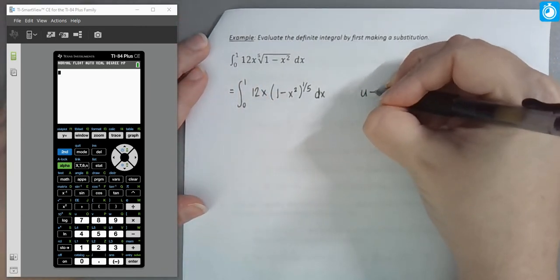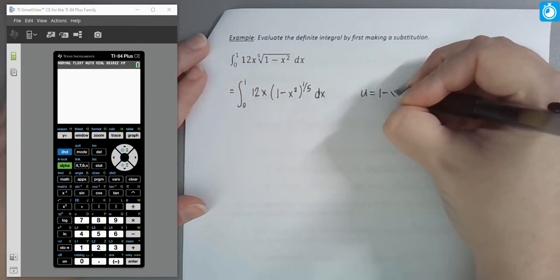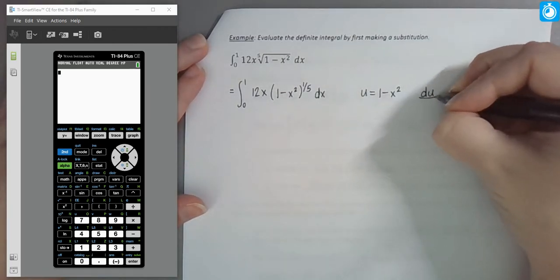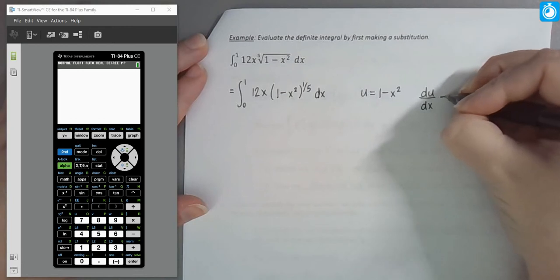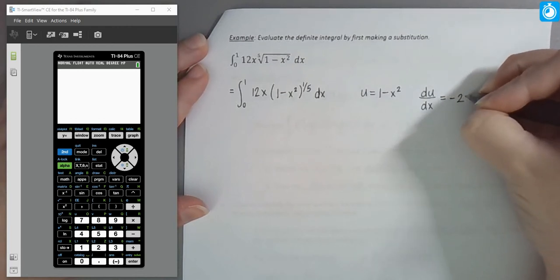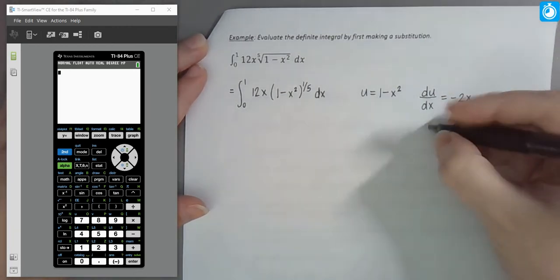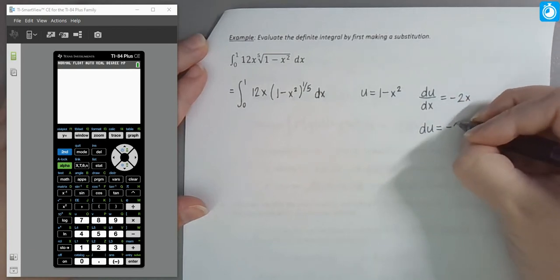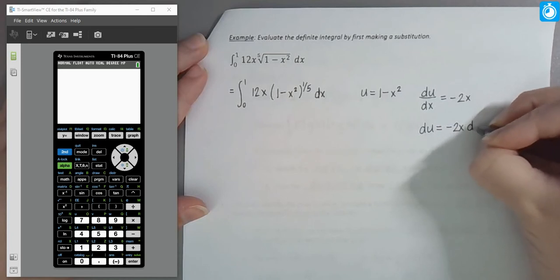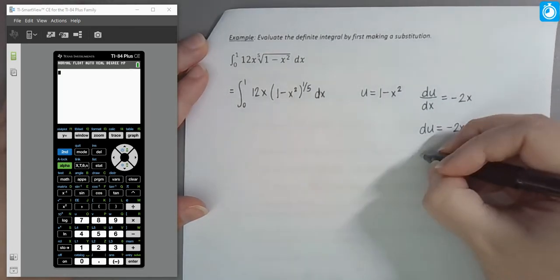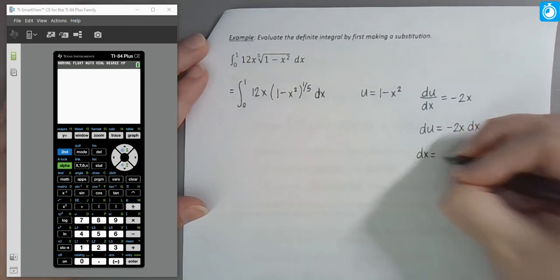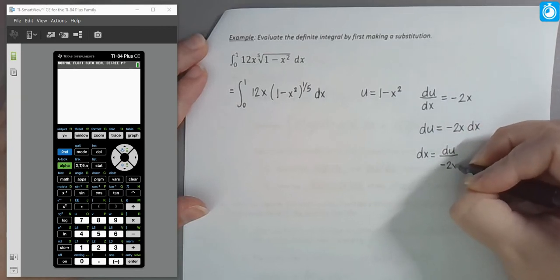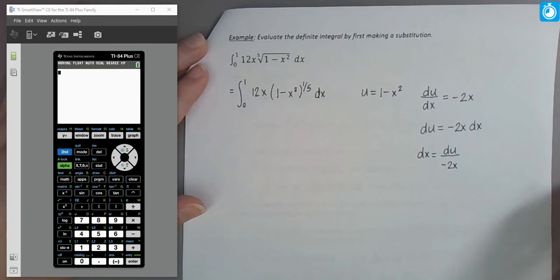So I'm going to allow u to be 1 minus x squared. I'm going to differentiate with respect to x, which is going to give me, again, negative 2x. So that means du is equal to negative 2x dx, and dx is equal to du divided by negative 2x.